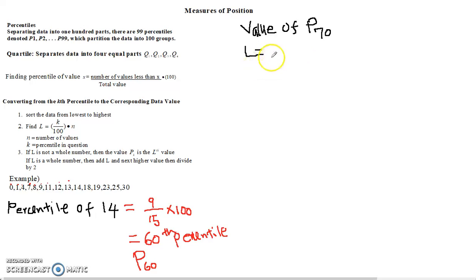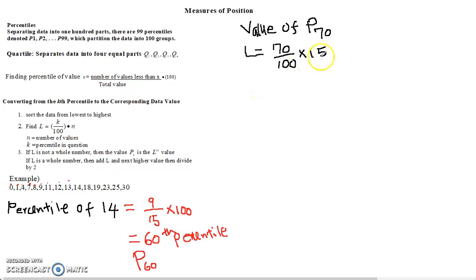So K is the percentile in question, so there's going to be a 70, then divided by 100. Then we multiply by the number of elements that we have. So we have 15. Let's make sure: 1, 2, 3, 4, 5, 6, 7, 8, 9, 10, 11, 12, 13, 14, 15.